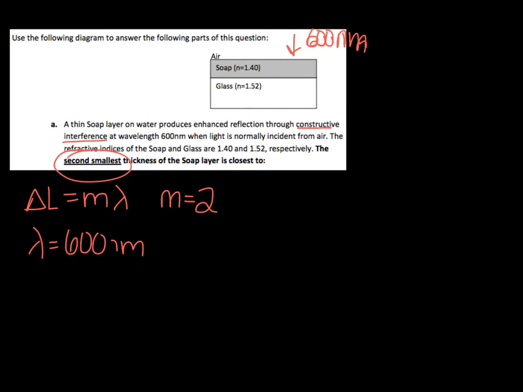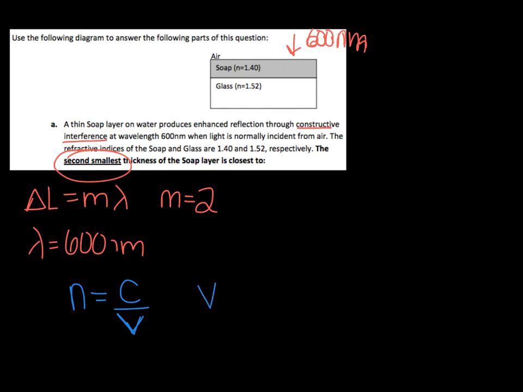When I look at this, the first thing I'm going to figure out is, if it's 600 nanometers in air, what is the wavelength in the soap? I know from earlier when we did refraction that the index of refraction is c over v. If I'm in soap that's 1.4, that means the speed of light has gone down by 1.4 as well.